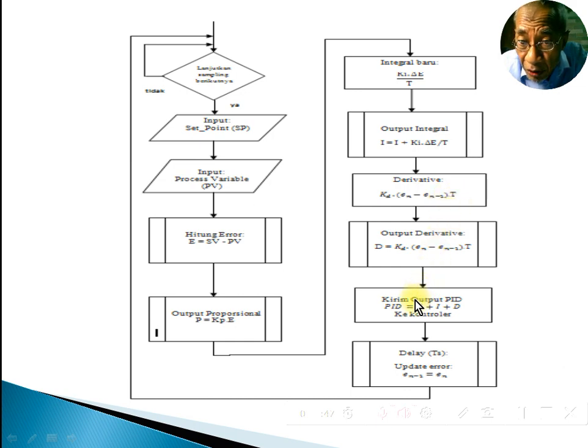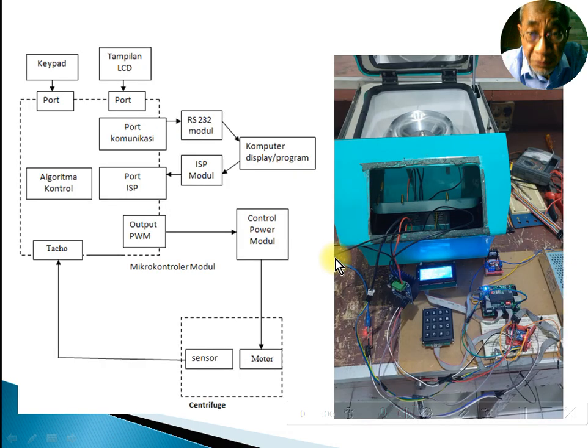To produce the PID control output, it is equal to P plus I plus derivative or D. So the PID output produces the PWM output to control motor speed.